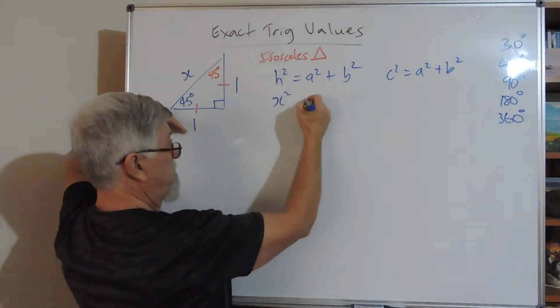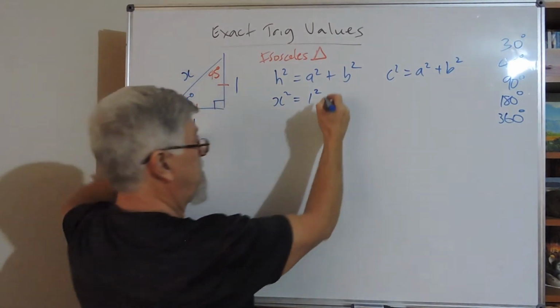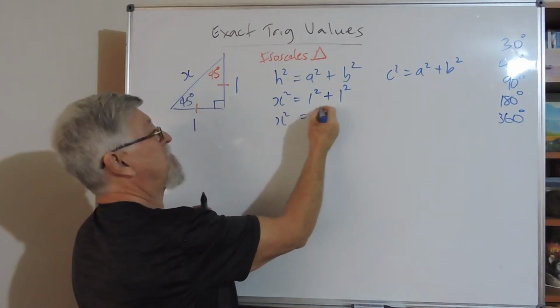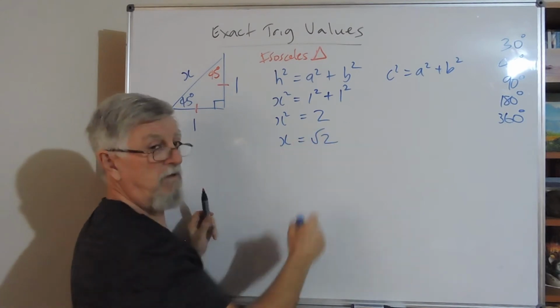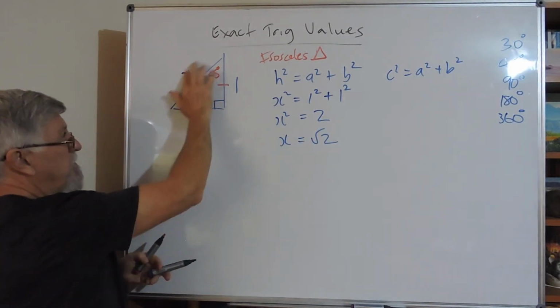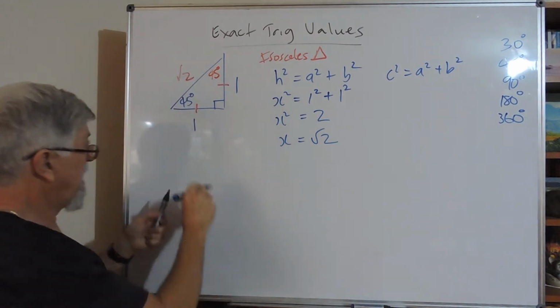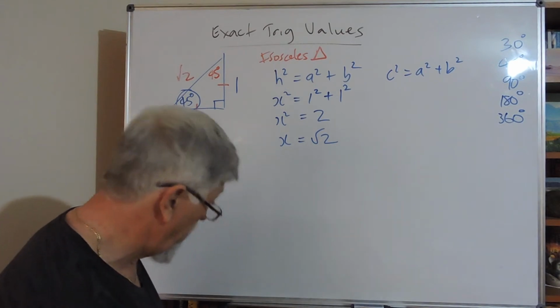The 1 replaces the a, and by the way, it doesn't matter whether it's that one or that one, it makes no difference. The 1 replaces the b, and I've got x squared equals 1 plus 1 is 2, and I've got x as the square root of 2. So if we go back to the triangle, this is now square root of 2. So starting here at this 45, I could have started at the other 45, wouldn't make any difference.